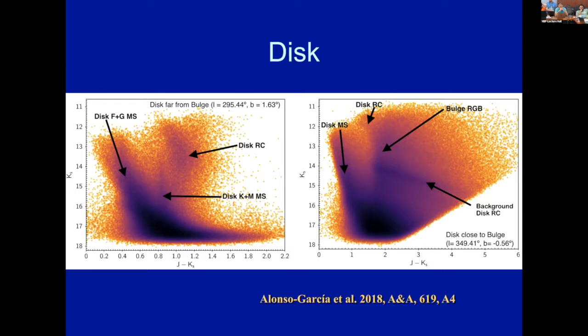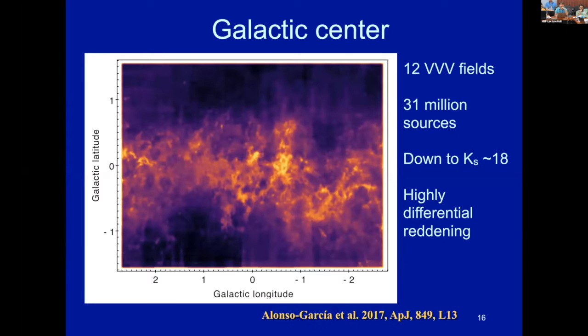Also, there are some works that have used this photometry to look into new clusters of stars. And in a work that I have been leading, we have been trying to better understand the extinction law towards the inner galaxy. What we did here is we concentrated on the 12 innermost VVV fields. There were about 31 million sources there.